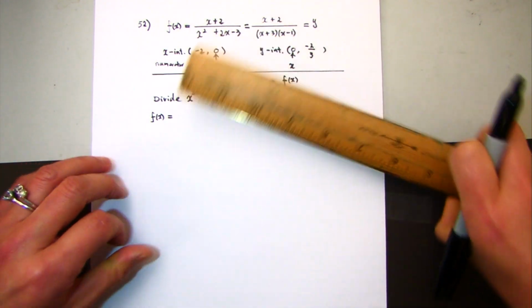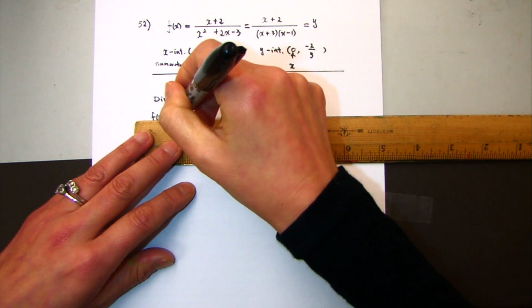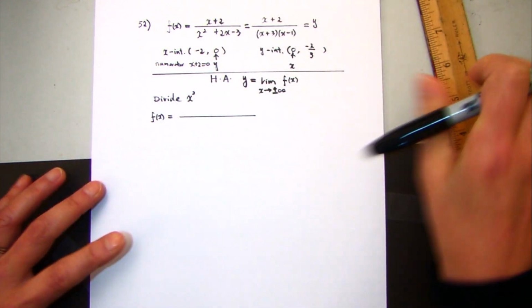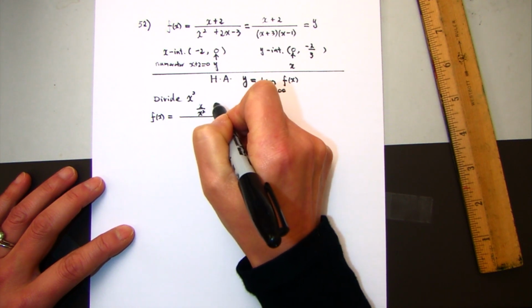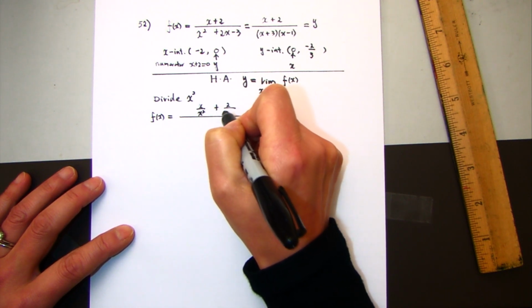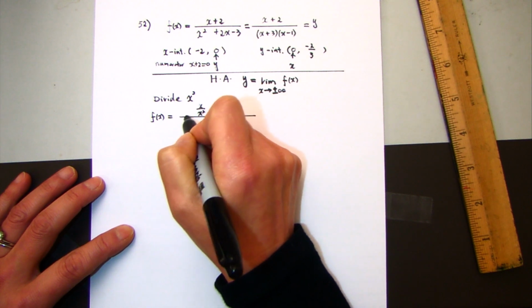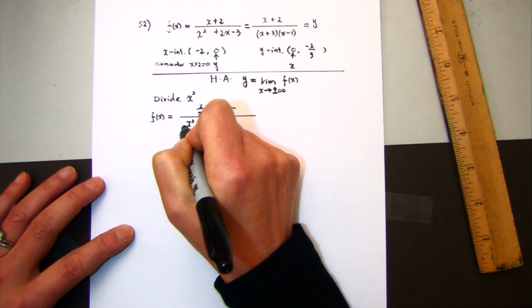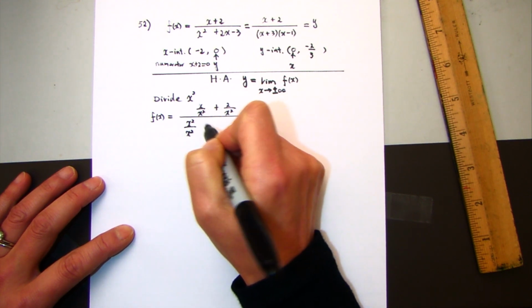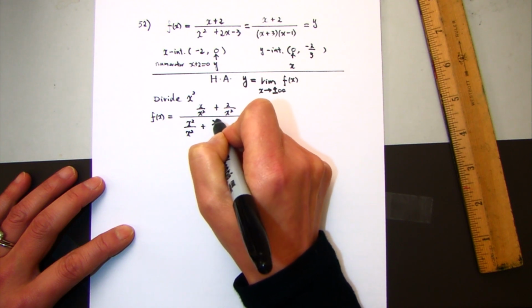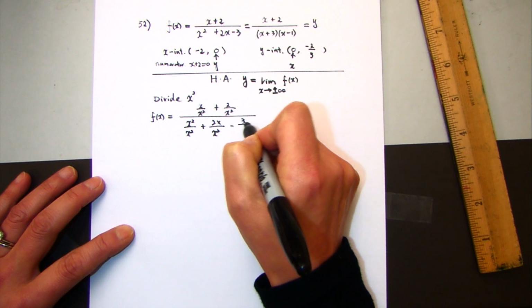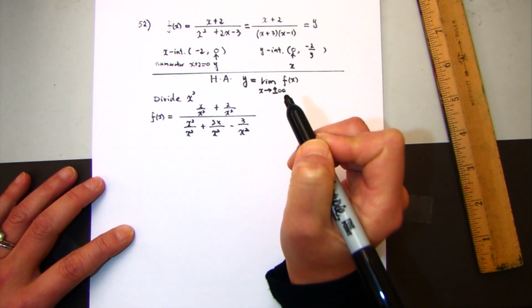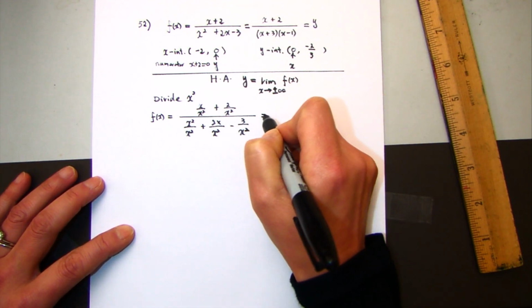All 5 terms are divided by x squared. Just do it. Then reduce it.